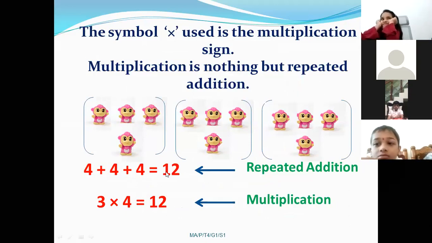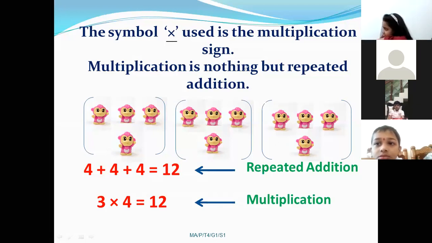Now look at your screen, children. This symbol, look at your screen, children. I have underlined this symbol. It looks like X. This is the multiplication symbol. This symbol used is the multiplication sign.